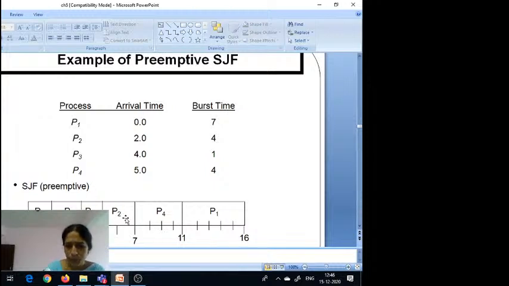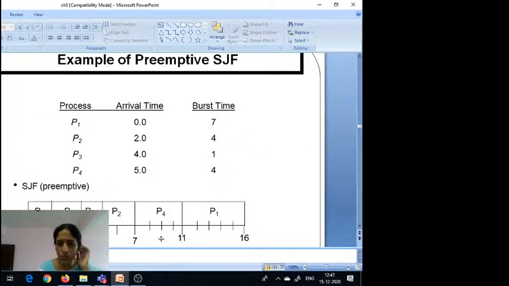Now P1, P2 and P4, all three processes are waiting, with 5 milliseconds, 2 milliseconds and 4 milliseconds remaining. Among these three, the one with the shortest burst time is P2, so P2 is executed for 2 milliseconds.